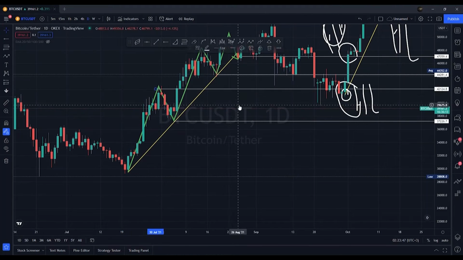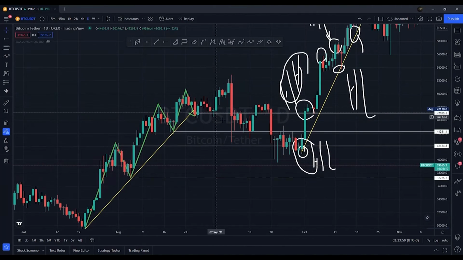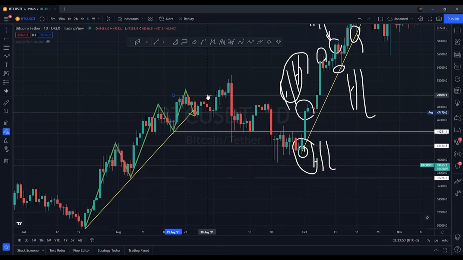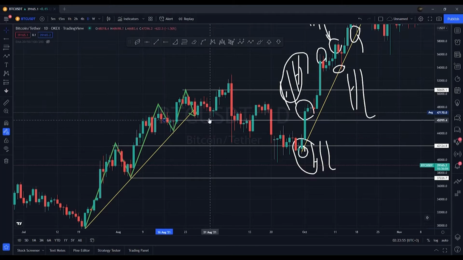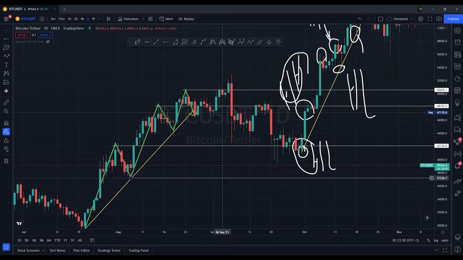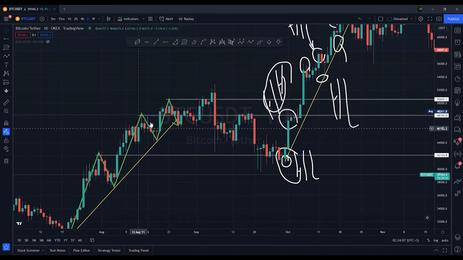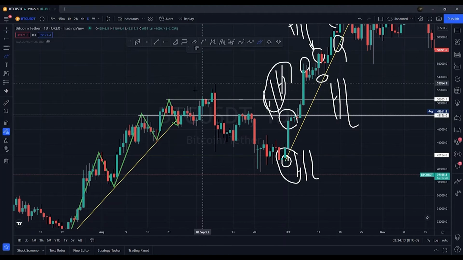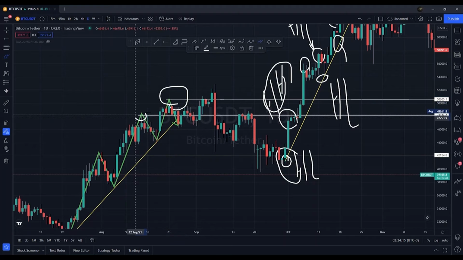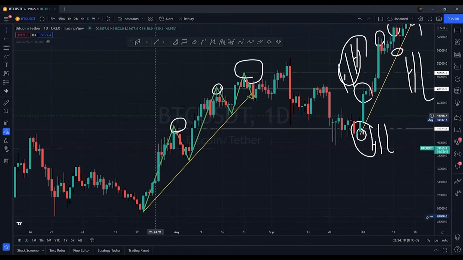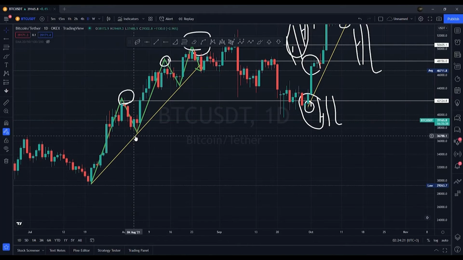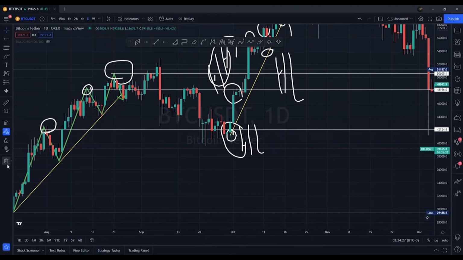And this time we are going to choose the higher highs to see if the new higher high has a higher price than the previous one. Of course, the latest higher high has a higher value than the two previous ones. This is higher low, higher high, higher low, higher high, higher low, higher high, higher low.